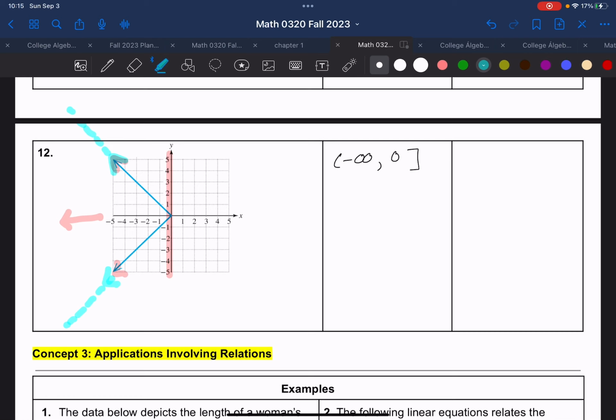So that means that our answer here for range is going to be negative infinity to positive infinity. Another way to express that is saying all real numbers, which is represented as a fancy R.